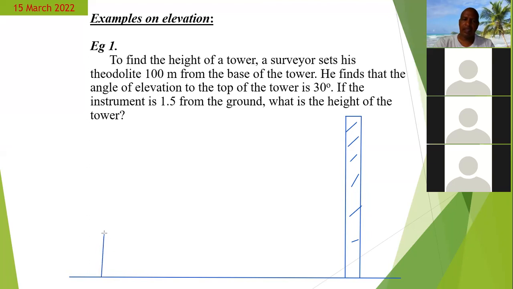All right, so let's say that this is our theodolite. Yes, sir. It's an instrument, so it has the eyepiece on it.